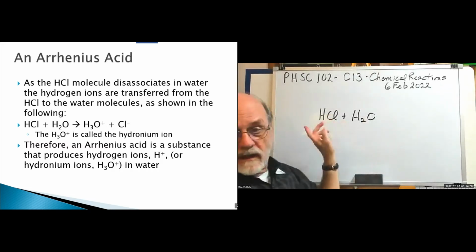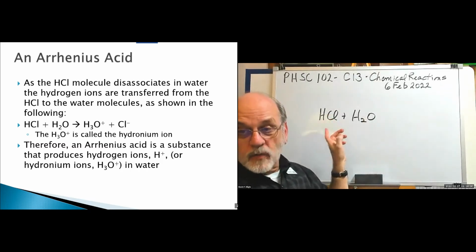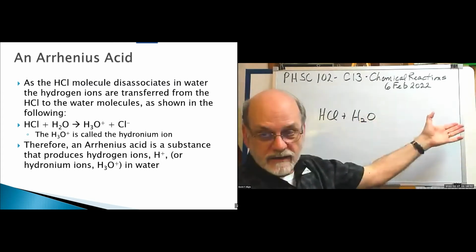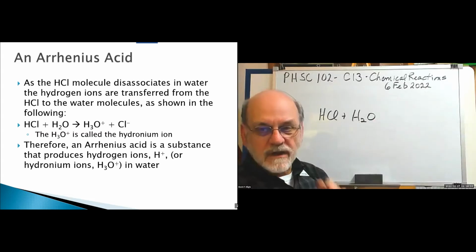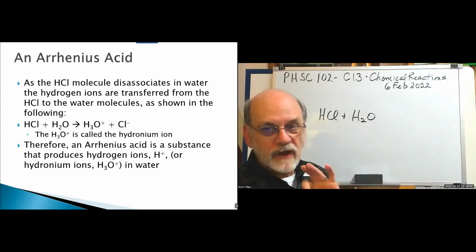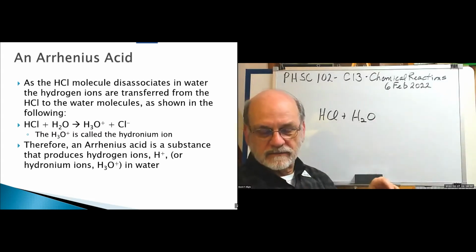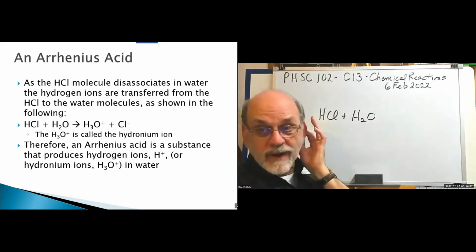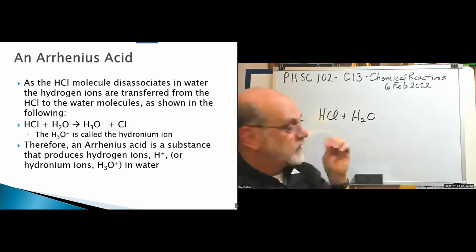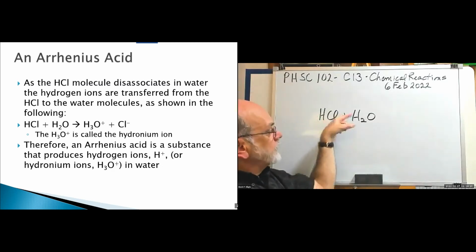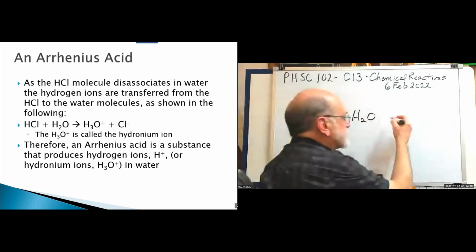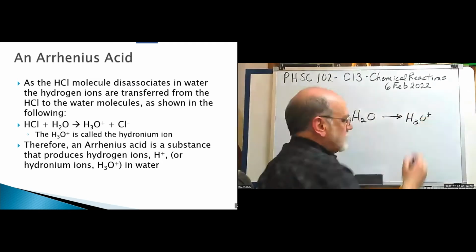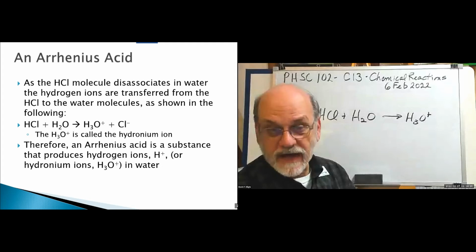And notice that this hydrogen ion, we can write the reaction as a dissociation, hydrogen and chloride. But hydrogen ions never exist free floating in any aqueous solution. They always combine with water. So they'll transfer to water and produce that ion, the hydronium ion.